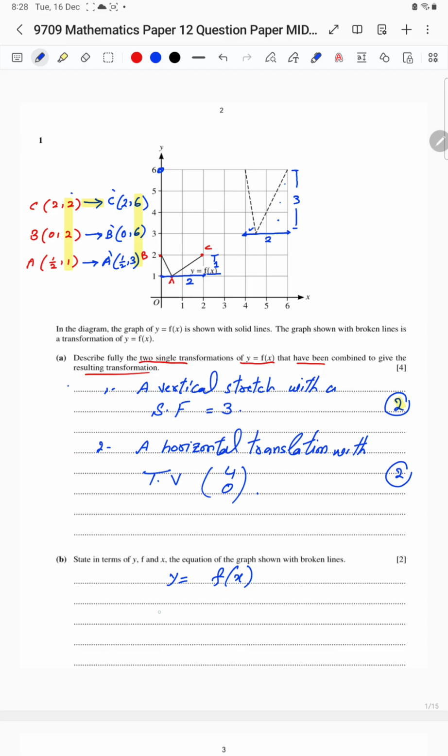So first we need to stretch it along the vertical axis, so 3 times f(x), because 3 is the stretch factor in the vertical axis. And then with the translation with vector (4, 0), we can write 3f(x - 4). That is the equation of the graph with the broken line.